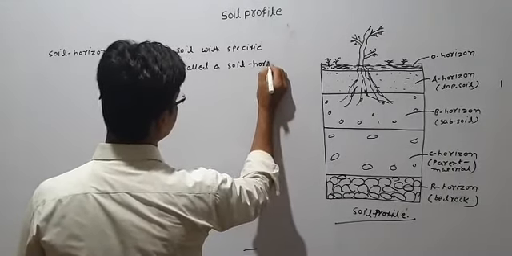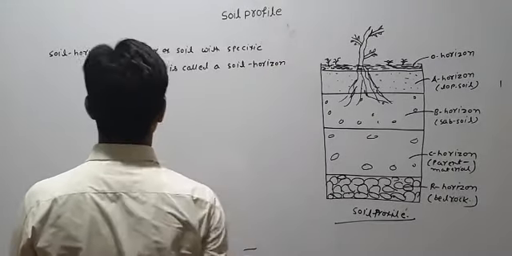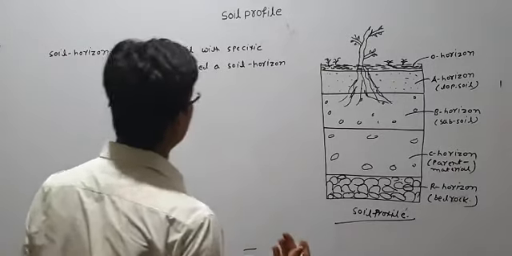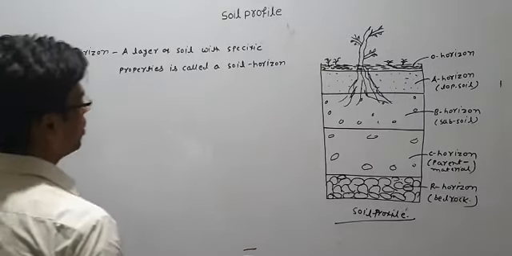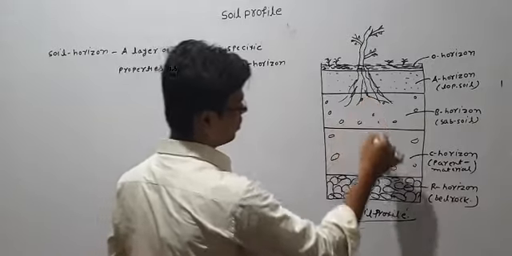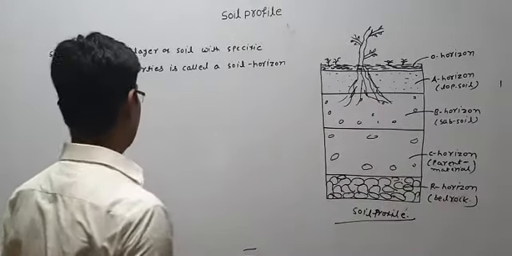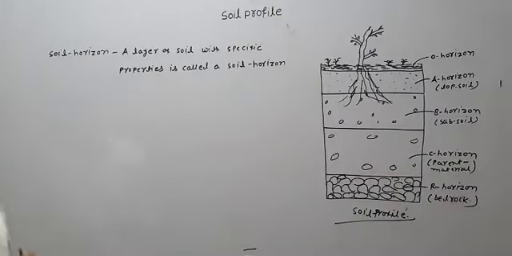Okay, so simply we can say that a layer of soil with a specific property is called a soil horizon.